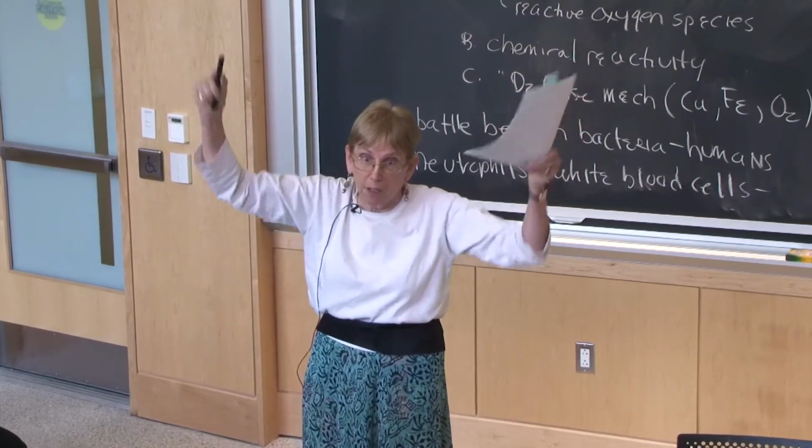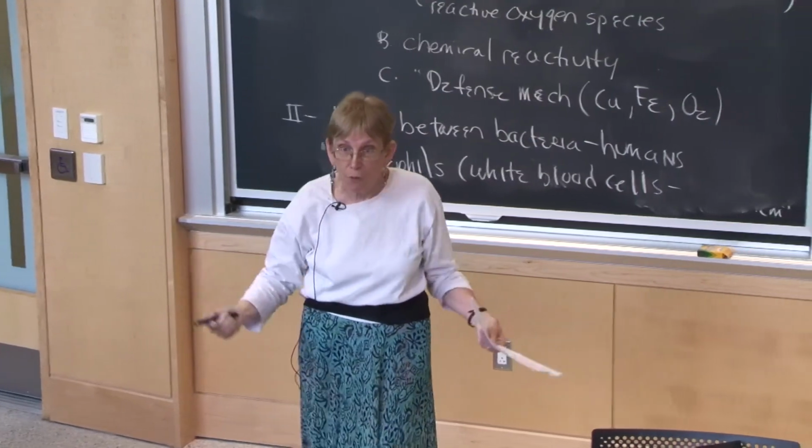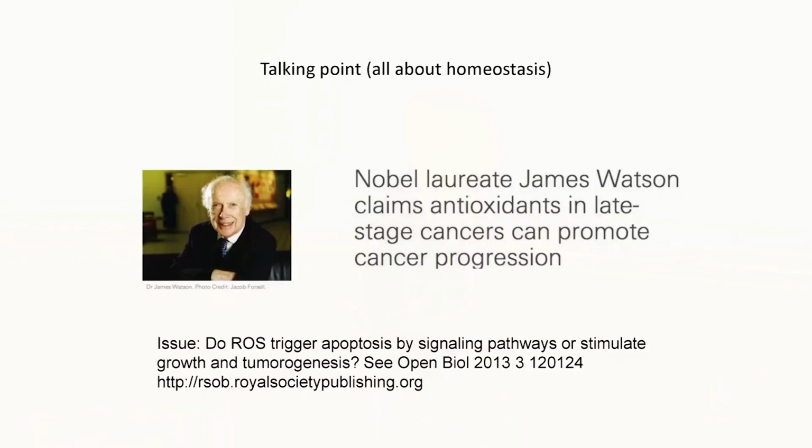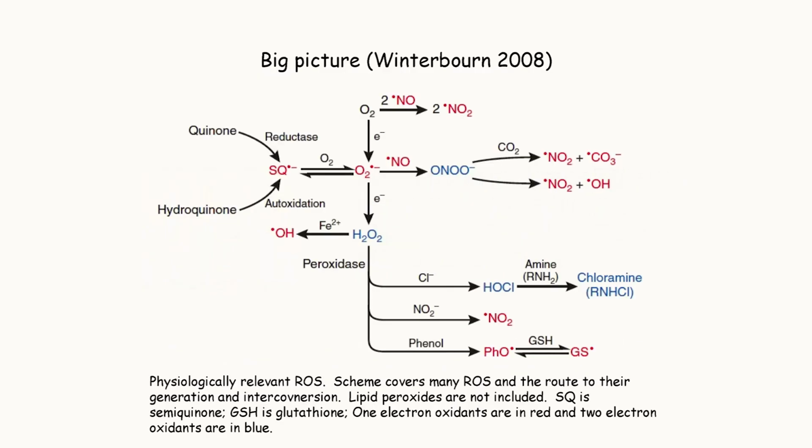Again, you do something up here, you trigger a set of events, you generate a pathway that generates reactive oxygen species that helps kill the tumor cells. Or do they stimulate growth? Do reactive oxygen species stimulate growth, or do they trigger apoptosis? People are still debating that, and there's probably some truth in both statements depending on how you look at it.